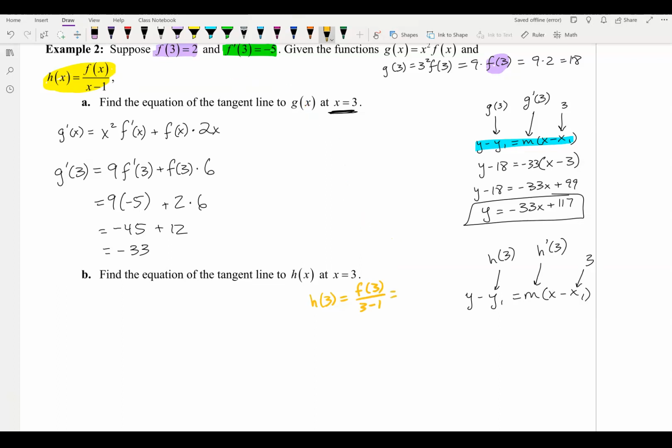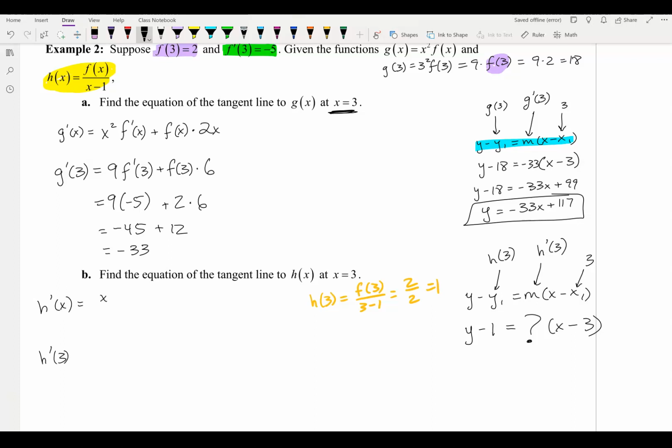And f of 3 in purple at the top of the screen is 2. And 3 minus 1 is 2. We have a y value of 1. Okay, so we know that we're going to plug in y minus 1 is equal to, again, question mark here, x minus 3. And to fill in the question mark, we have to find h prime of x and then h prime of 3.